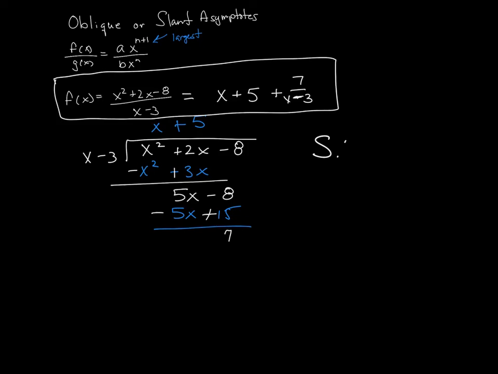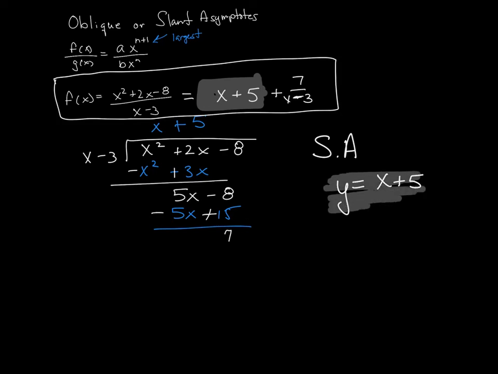My slant asymptote is the line y is equal to x plus 5. Because this is my line, but it's not just a line, and that line turns into the slant asymptote. And we're going to go ahead and graph a few of these in the next lesson.